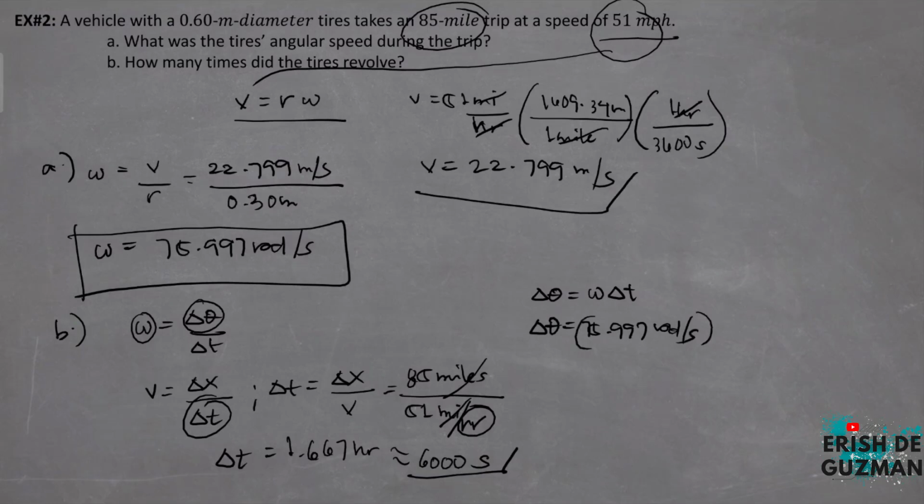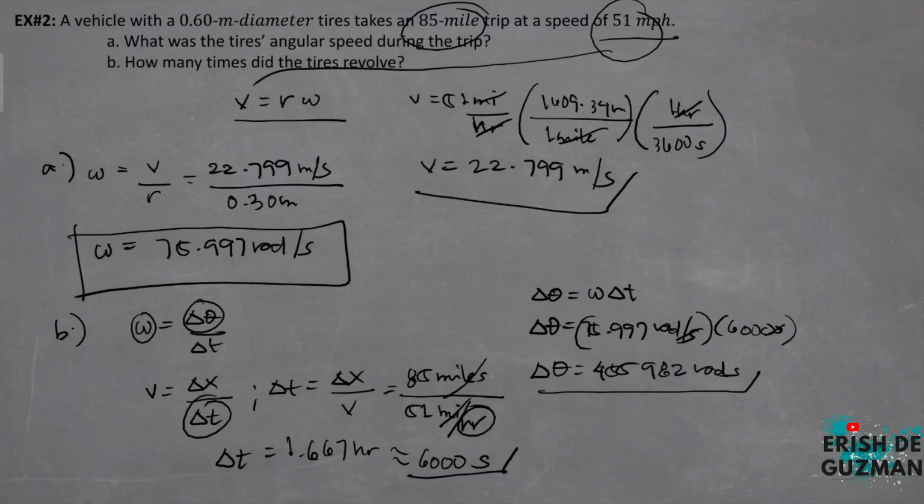Multiply natin sa time interval na 6,000 seconds. And by calculating, we have, cancel yung seconds, 455,982 radians. Kaya lang, ang tinatanong sa atin is kung ilang number of turns.